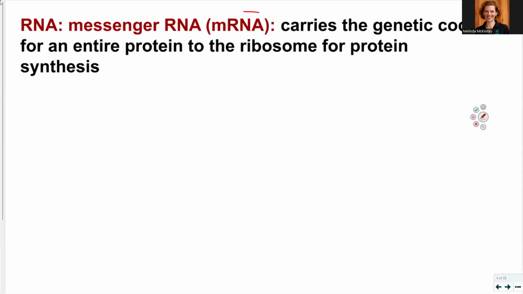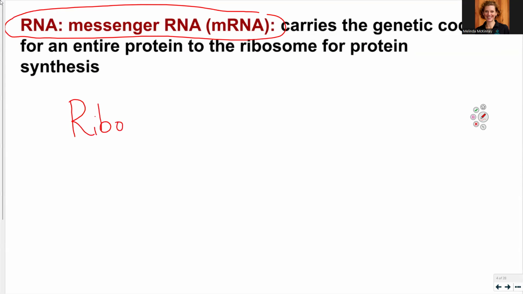So messenger RNA, just a few things about it. It's a type of ribonucleic acid, so ribose is the sugar.